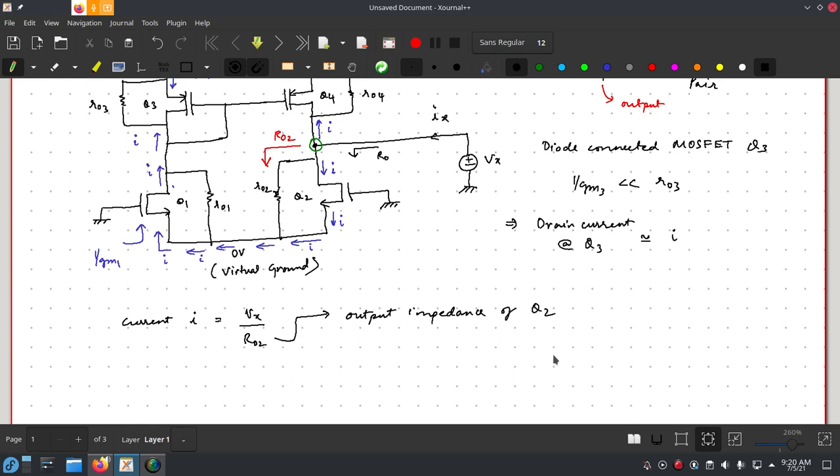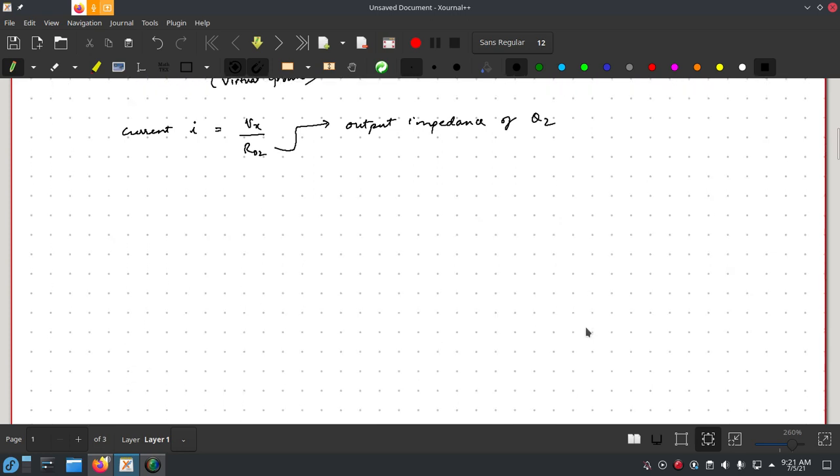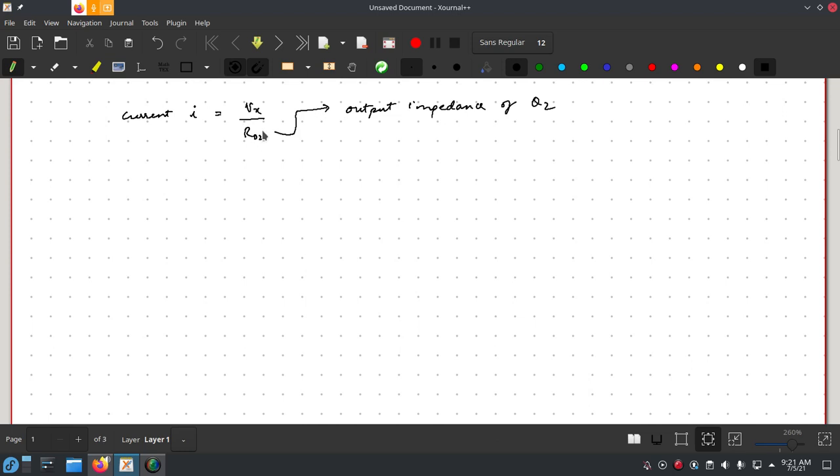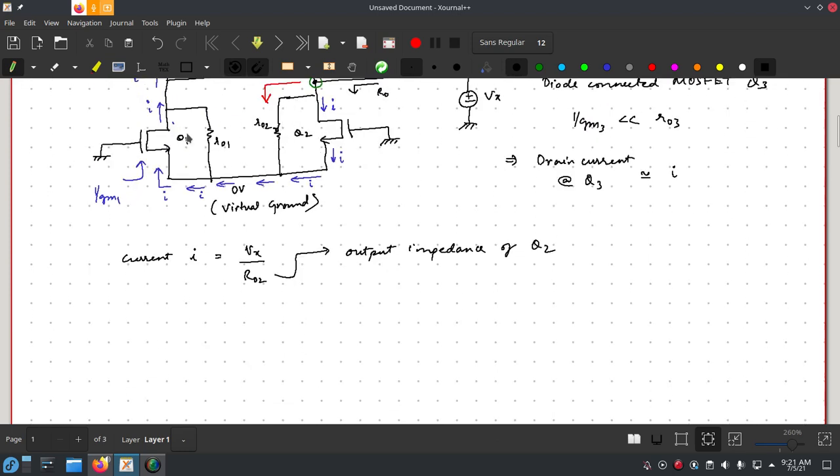If you look at Q2 and Q1, Q2 is a common gate transistor because the gate is grounded, and it is connected to transistor Q1, that is, the source of Q2 is connected to the source of Q1. Let me draw the Q2 and Q1 part separately.